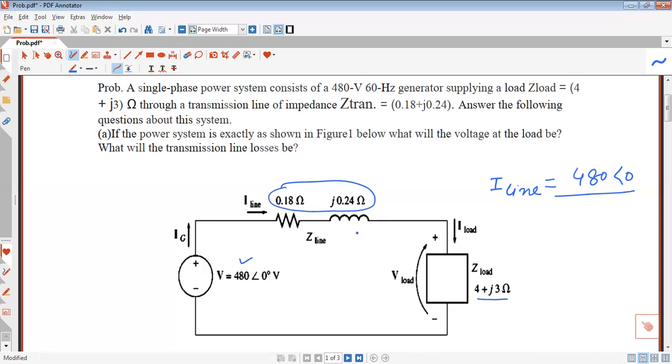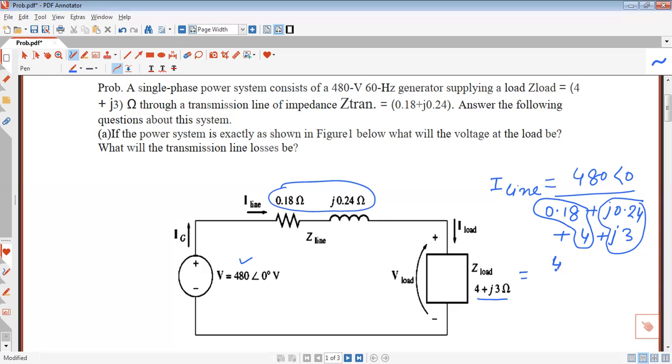This impedance and this impedance are in series, so 0.18 plus j0.24 plus 4 plus j3. The real parts will be added together, and the imaginary parts added together. This is in rectangular form, so converting it to polar, we will get its value.